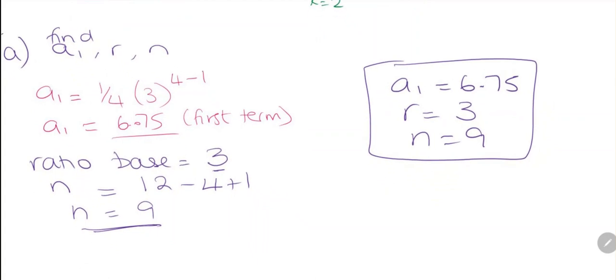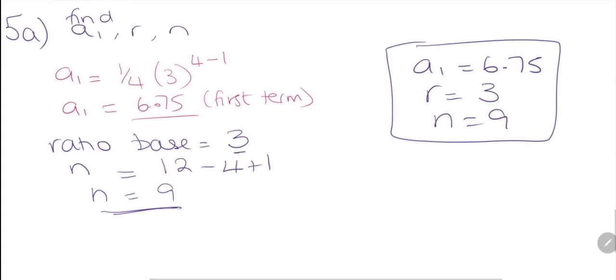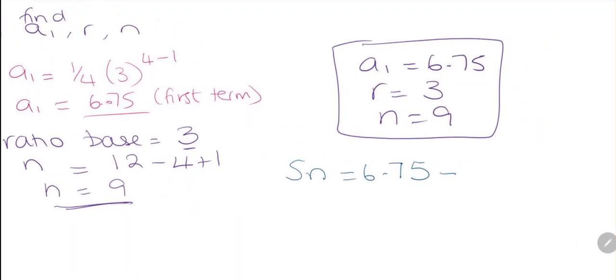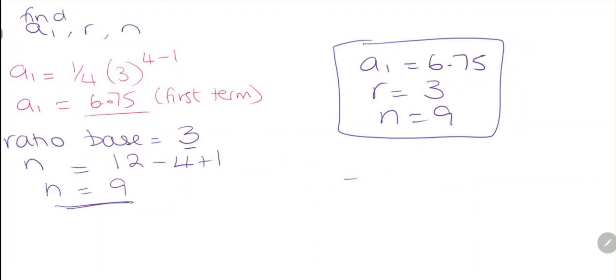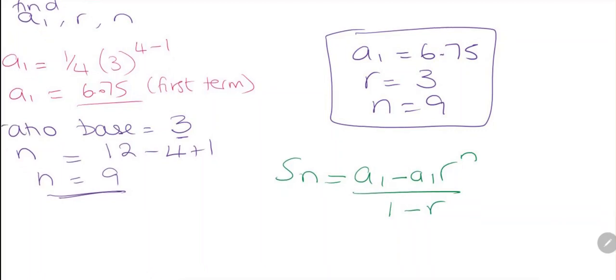And we can use this in our formula. Actually, let's write the formula down first. So Sn is equal to a1 minus a1 r to the n divided by 1 minus r, where r is not equal to 1, otherwise we'll have an undefined value.